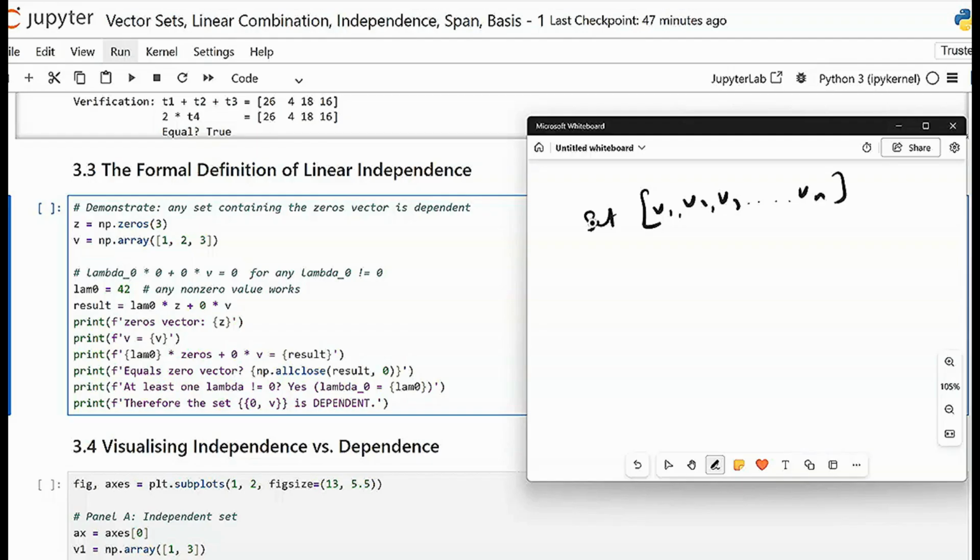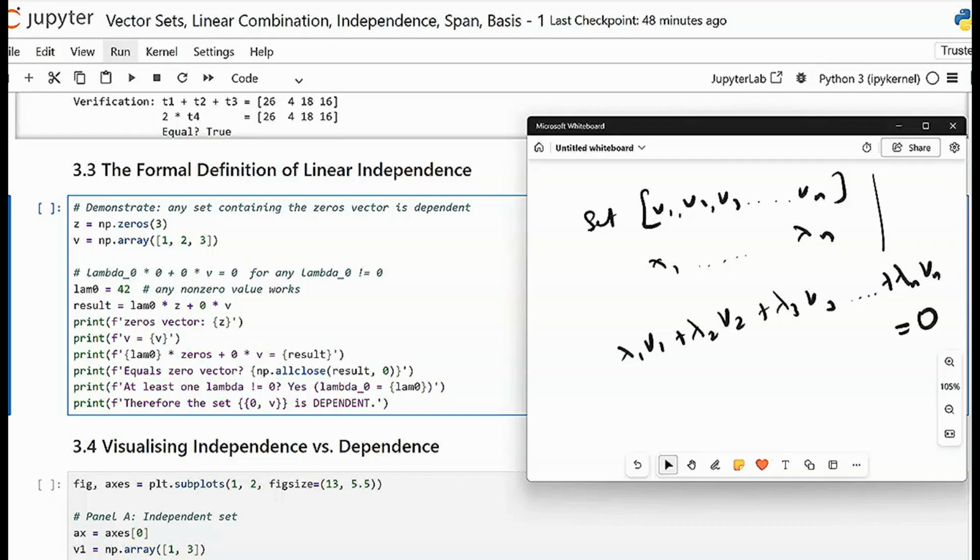It is linearly dependent if there exist scalars lambda 1 till lambda n, not all 0, such that lambda 1 V1 plus lambda 2 V2 plus lambda 3 V3 till plus lambda n Vn is equal to 0.